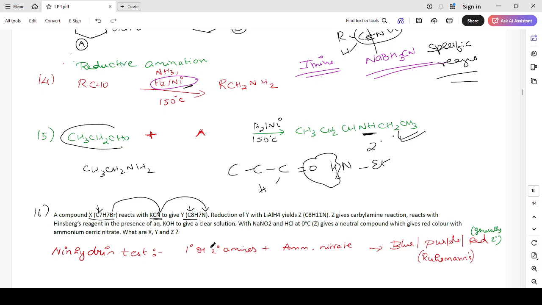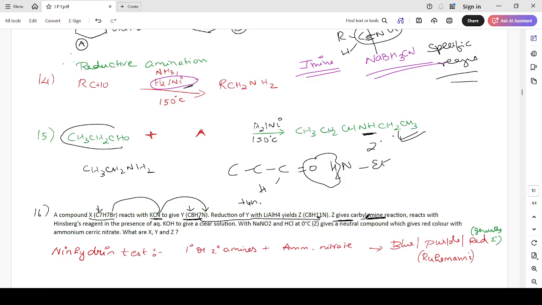Reduction of Y with lithium aluminum hydride gives Z. Because I know what has got formed here is cyanide only. Cyanide upon reduction with lithium aluminum hydride, what will happen? Won't it increase the hydrogen count there? It will become CH2NH2, isn't it? So that means I'm adding four hydrogens to it. You can see from seven hydrogens it became 11 hydrogens.